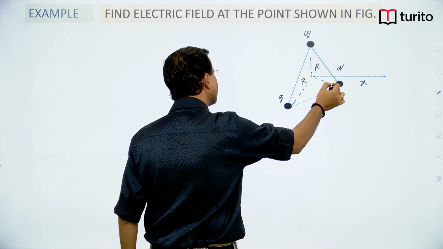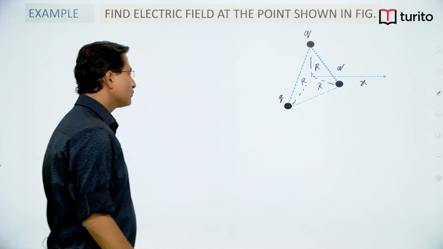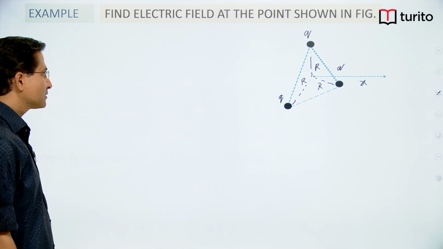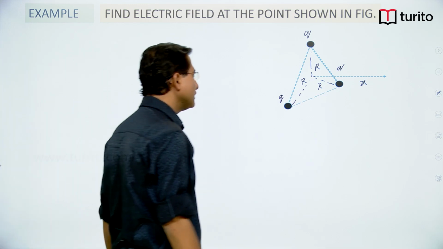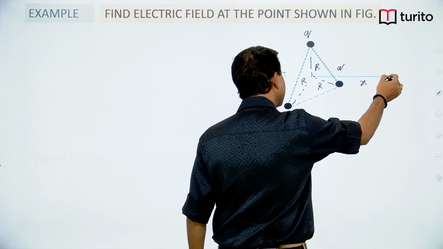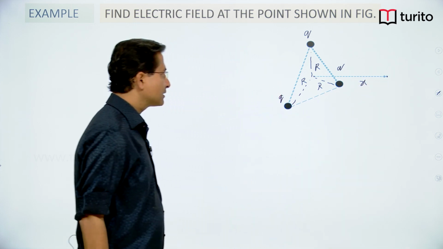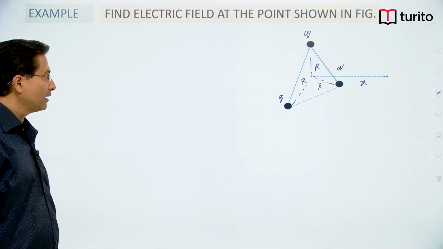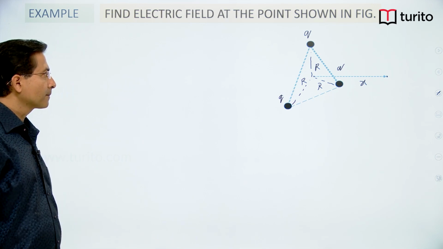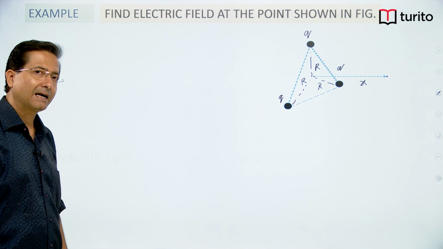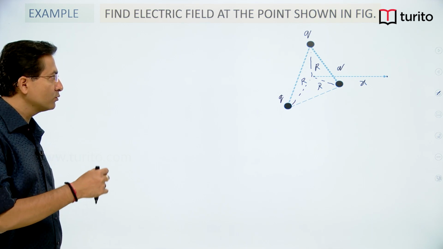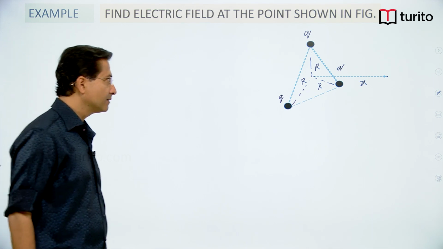So from the centroid the distance where you want to find the field is x, and the charges are kept at distance r. If I ask what is the field at that particular point due to these 3 charges.